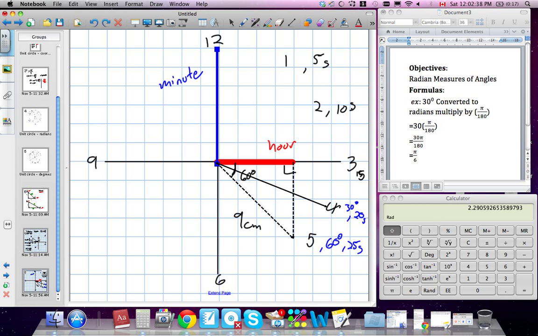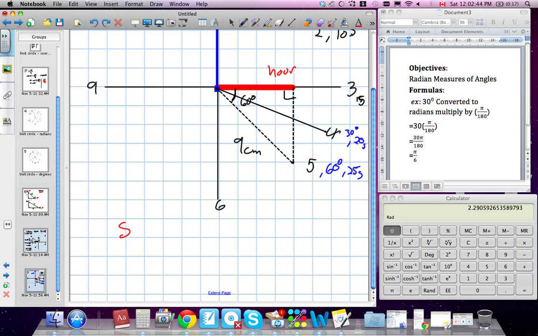If we use, for instance, sine: sine theta, our theta in this instance is 60 degrees, is equal to opposite, so we'll be solving for that side, which will be our x, over the hypotenuse, which will give us 9. So then we solve for x, and then we're going to solve for the other one using cosine. So cos 60 is equal to, we'll call it y. Actually, those are backwards. This should be y, and the other should be x, just in terms of the Cartesian plane. This is y, this is x over 9.